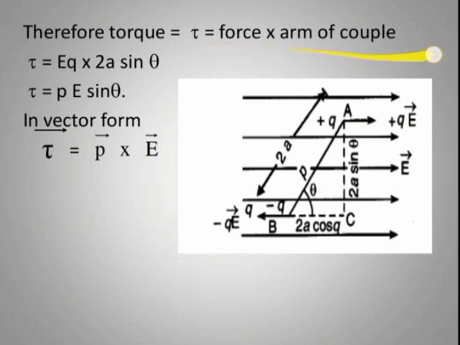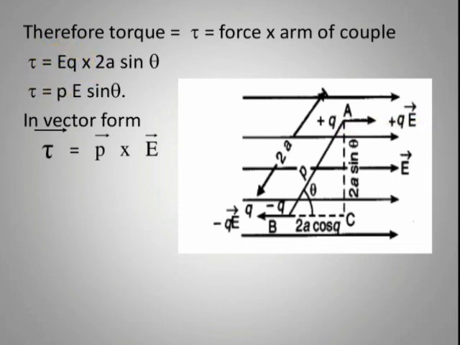So torque is force into the perpendicular distance between the two forces. This force is acting on the charges of a dipole. Now what is the formula of the force a charge is experiencing? It is q into E.